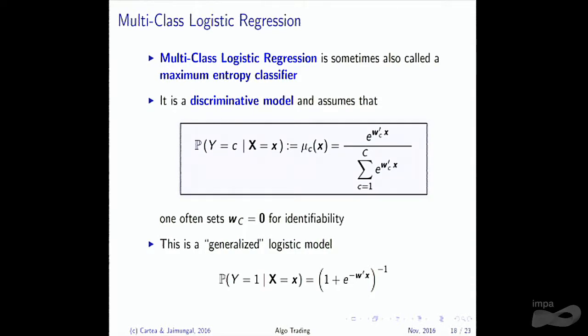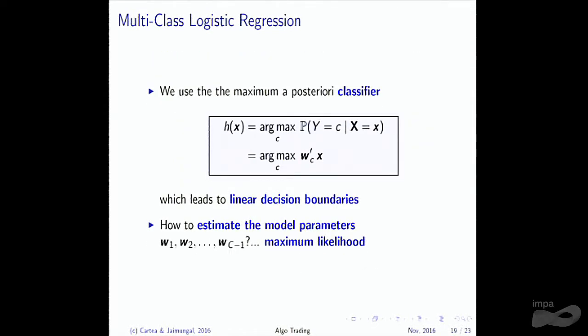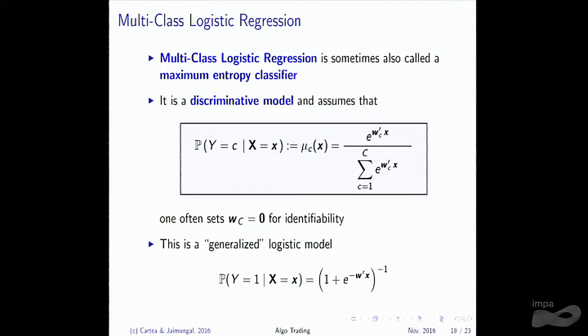So then you can ask, okay, how do we go ahead and maximize this thing? As before, we're trying to find the argmax over our class of the probability of y given x, but this is exactly what we're modeling. And if you look at this, it actually is really simple. What maximizes this, the denominator is irrelevant.